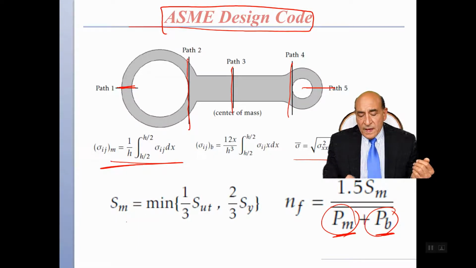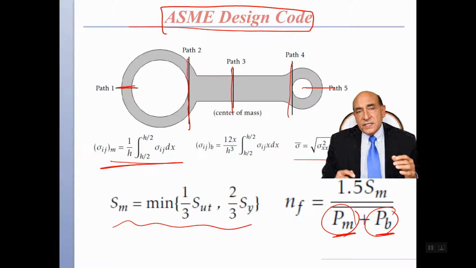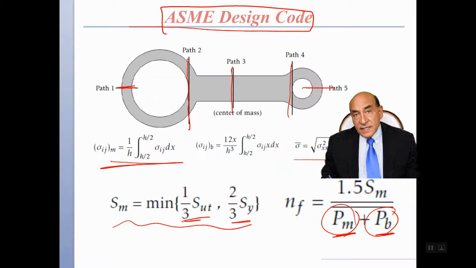Then we apply a criterion, we bring in the data from materials and determine the maximum possible allowable stress, and the allowable stress in the ASME code is 1/3 of the ultimate or 2/3 of the yield, whichever is smaller.